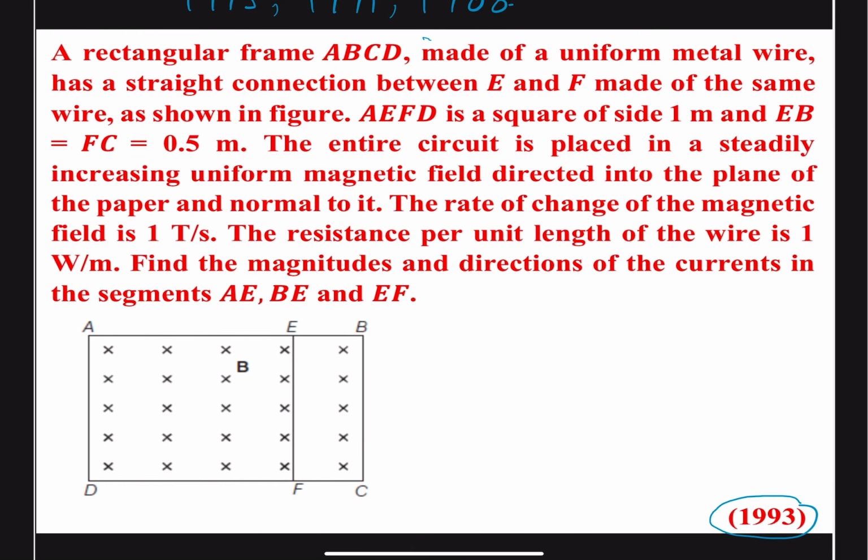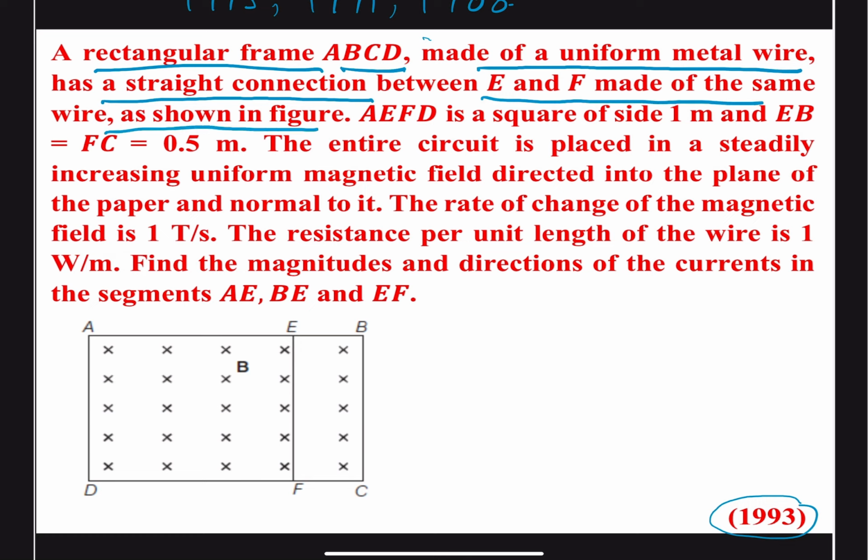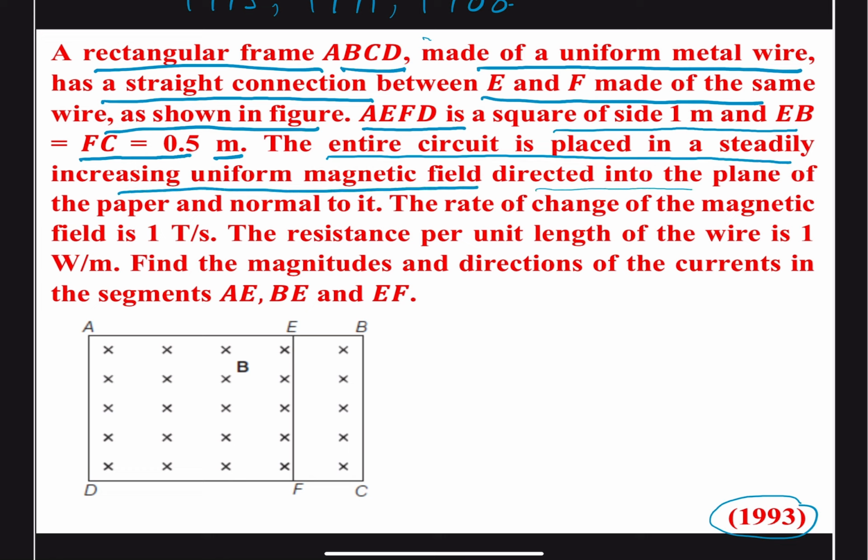that a rectangular frame ABCD made of a uniform metal wire has a straight connection between E and F made of the same wire as shown in the figure. AEFD is a square of side 1 meter and EB is equal to FC, each 0.5 meter. The entire circuit is placed in a steadily increasing uniform magnetic field directed into the plane of the paper and normal to it.